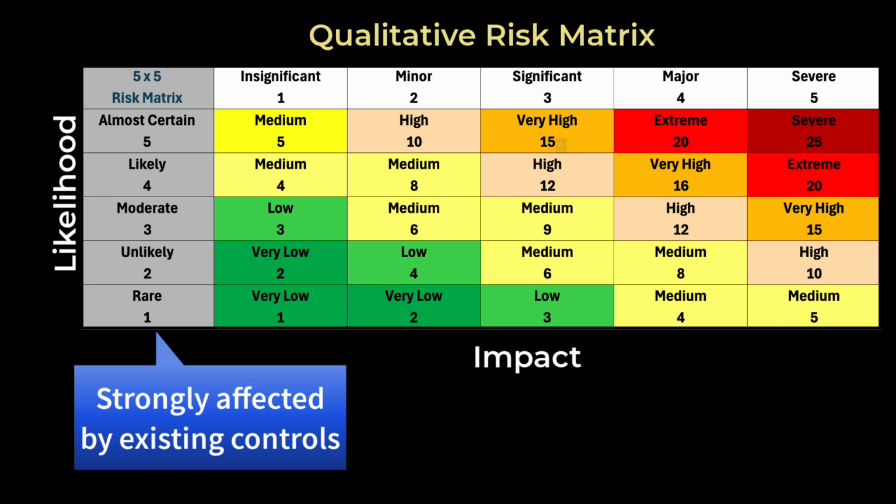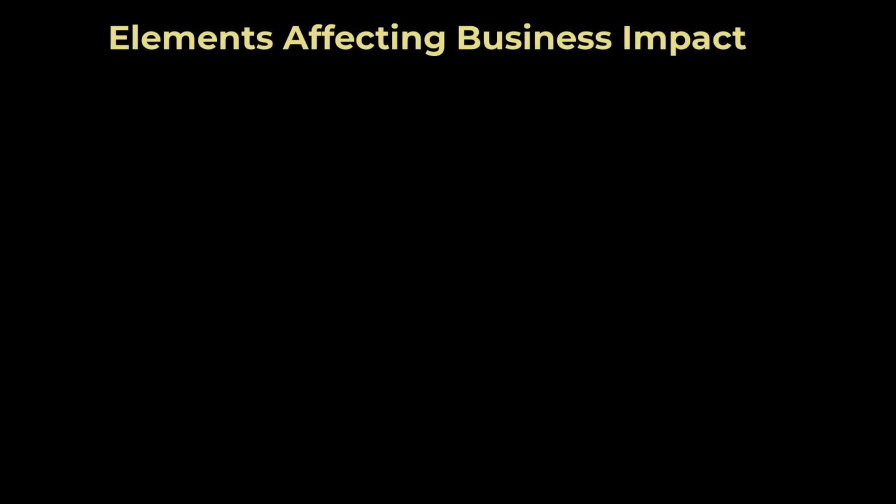On the other hand, if tight network segmentation or effective access controls drastically reduce exposure, the likelihood could be considered low or moderate. Simultaneously, you assess the potential impact to MEFs if that vulnerability were exploited.